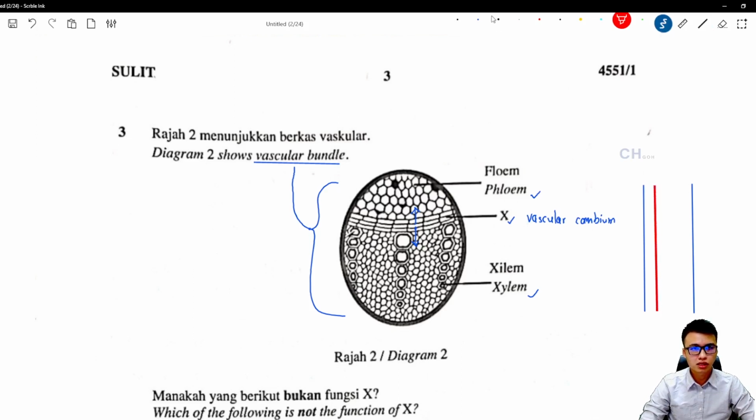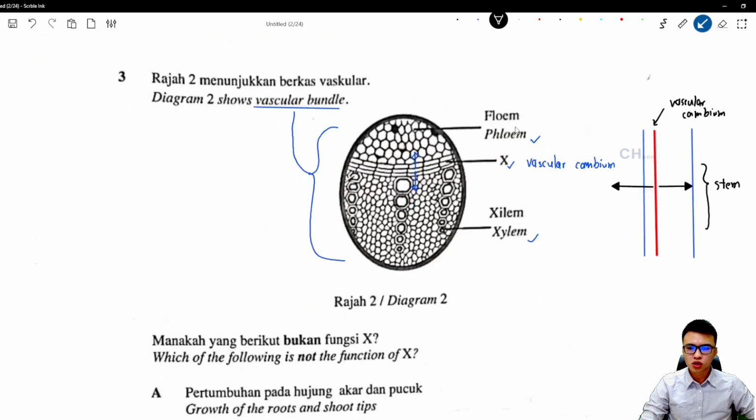This is the vascular cambium. The whole thing here is the stem of the plant. Since the vascular cambium produces more xylem and phloem, it increases the diameter of the stem by growing horizontally in this way.